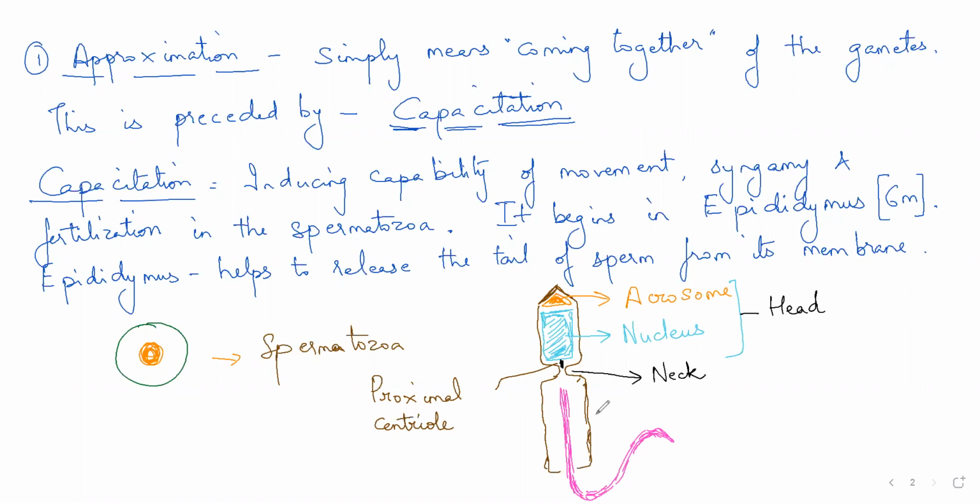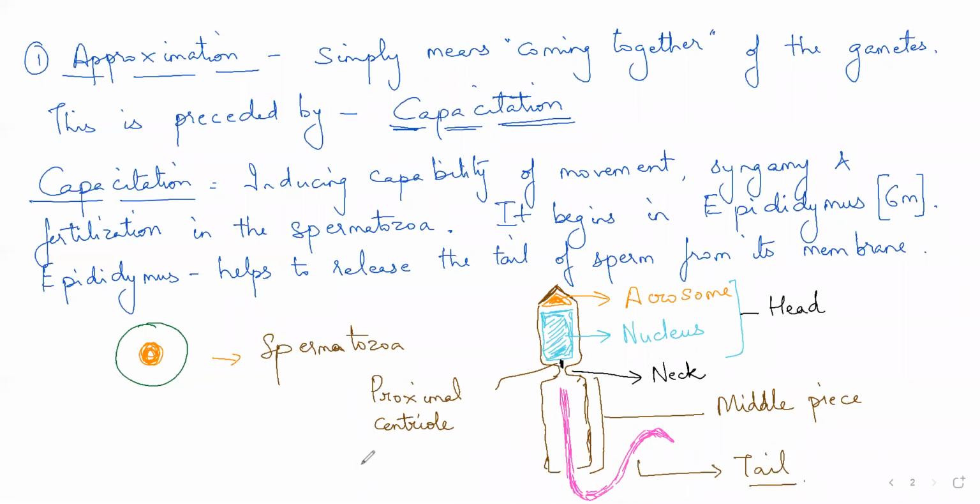Now this region is the middle piece. At the end, there is the tail. There is a tail, right?